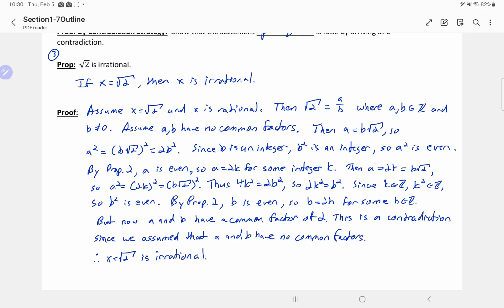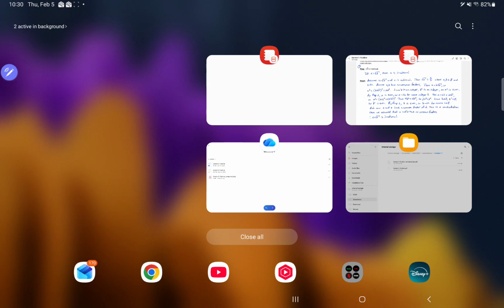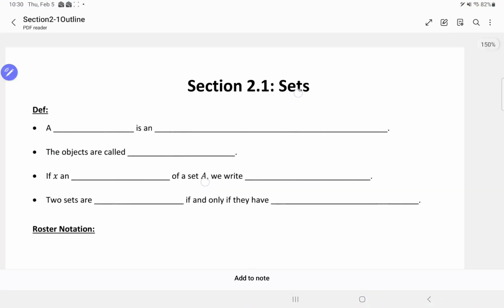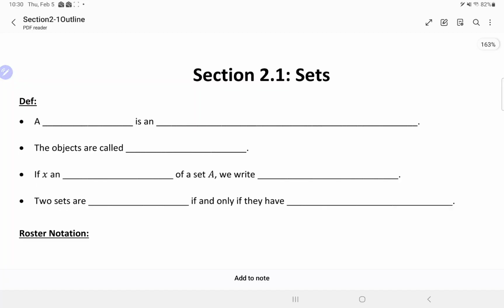All right, that wraps up our discussion on formal logic. And now I want to move over to section 2.1. We're going to look at a branch of math called set theory that is closely related to logic. A lot of the foundations of set theory go in sort of a one-to-one correspondence with formal logic.